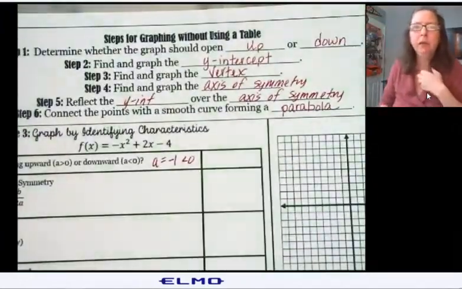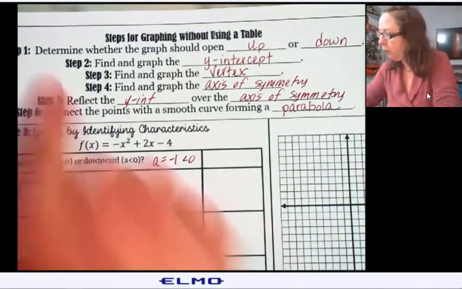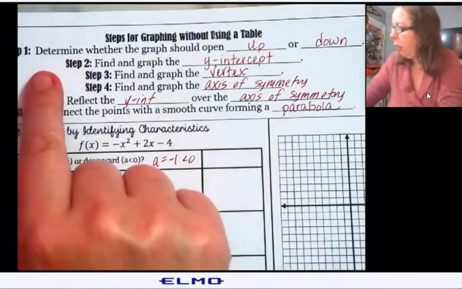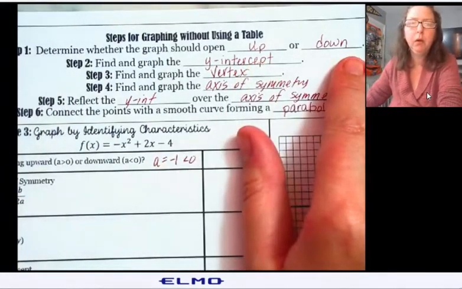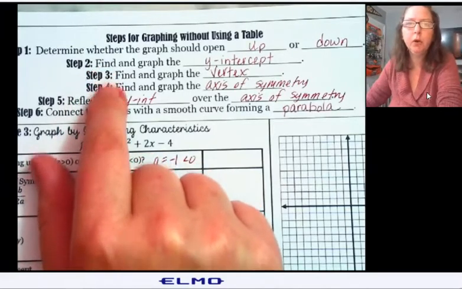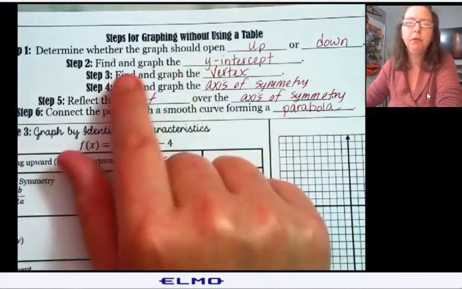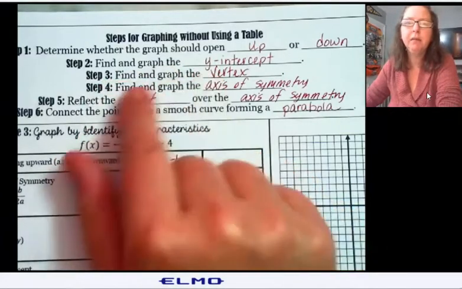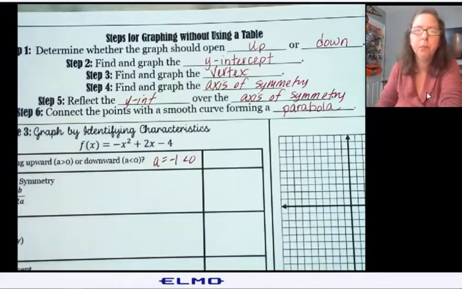Okay, so steps for graphing without using a table. So first we're going to determine whether the graph should open up or down. Then you can do these 3 in any order. You want to find and graph the y-intercept, find and graph the vertex, find and graph the axis of symmetry.